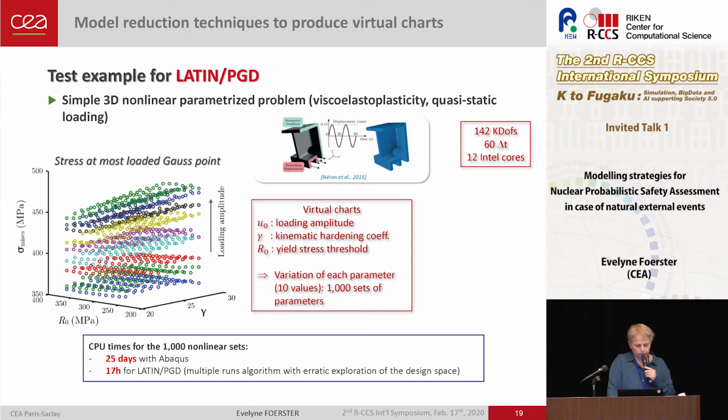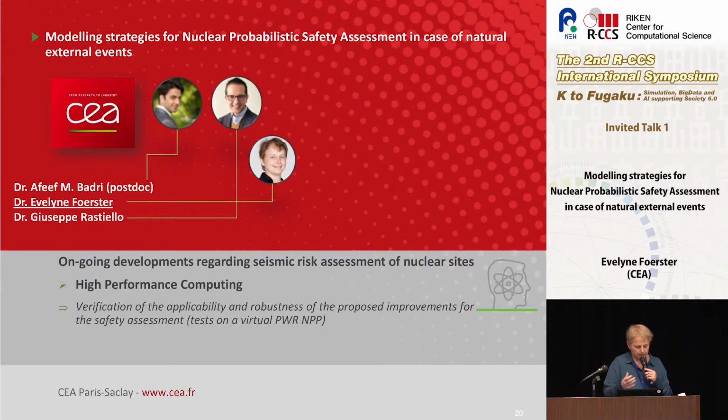And it's also very efficient with respect to the time reduction, because, for instance, this case, which was only on 12 cores, took only a few hours with respect to many days if we were not using this reduction technique. So it's really interesting to use as a concept.